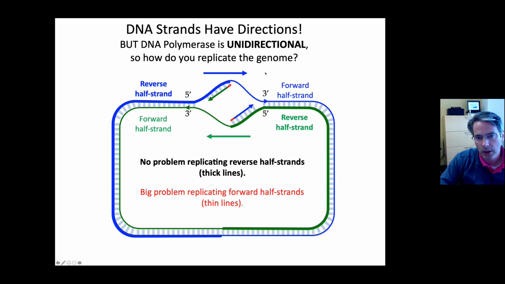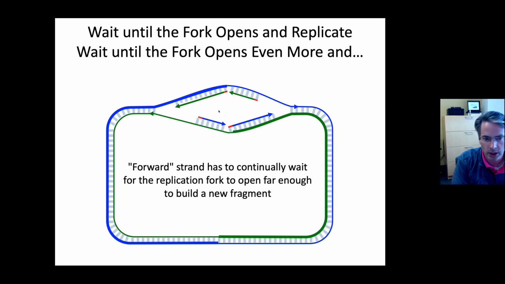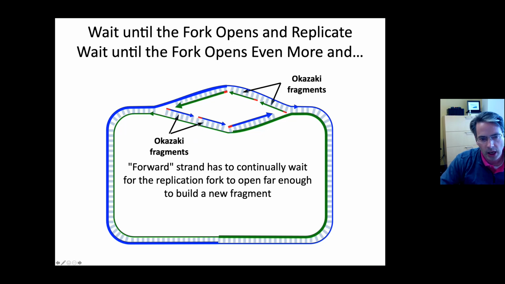So what's happening on this other strand, since we have biology backgrounds, most of you know that's called the lagging strand, but it's also sometimes called the forward strand. Forward because the actual DNA direction is that way, even though the polymerase has to go in this direction. So you get these Okazaki fragments, right? It has to continually keep starting, but it has to wait for the DNA to open up far enough before it can start building those strands.